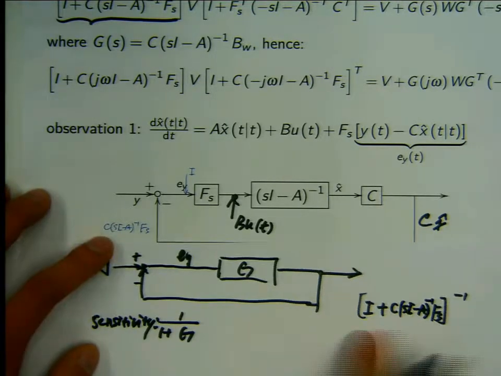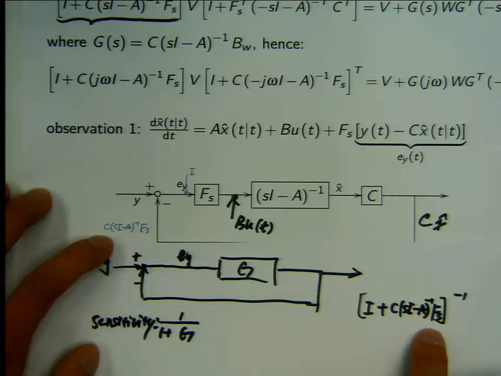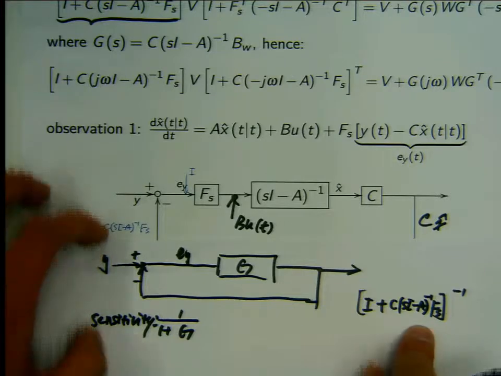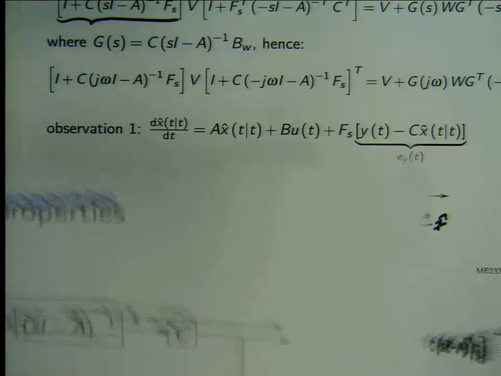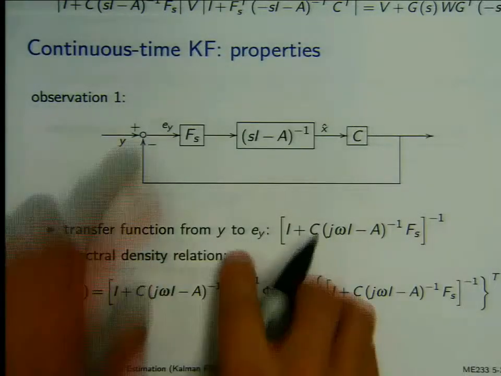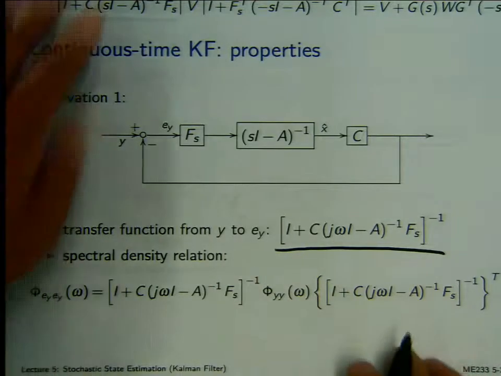So the sensitivity function is defined by this guy here, which is, as you can see, the inverse of the return difference. That's again giving us the confirmation that the return difference is telling us the closed loop information. Okay? All right. So now you have seen, this is what we have derived. The transfer function from y to ey is the inverse of the return difference here.